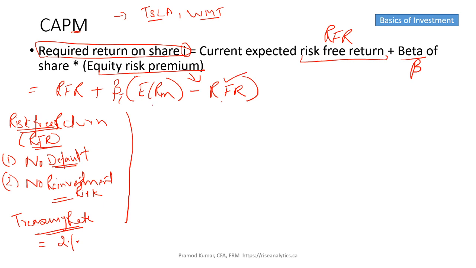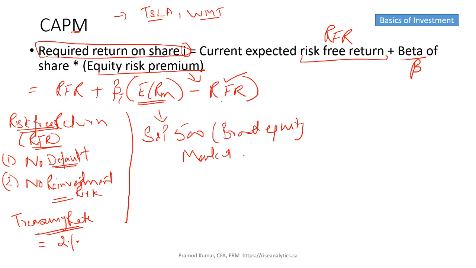The next thing is the expected return on the market. When we say expected return on the market, we take the broad-based index. In the US, the very famous broad-based equity market index is the S&P 500.